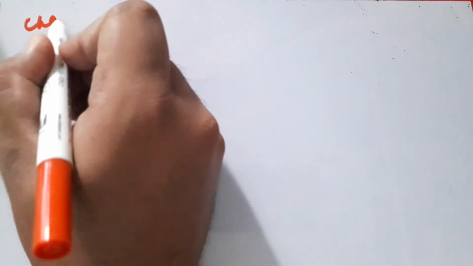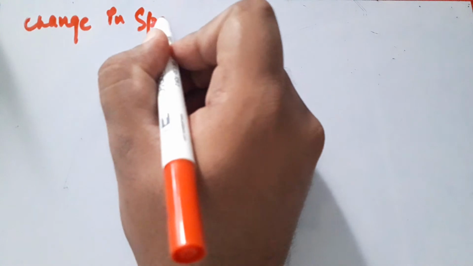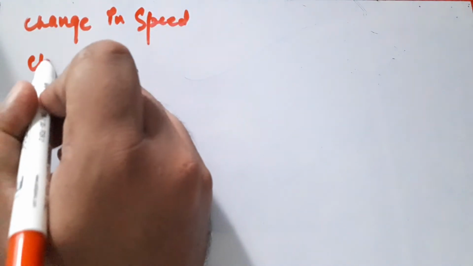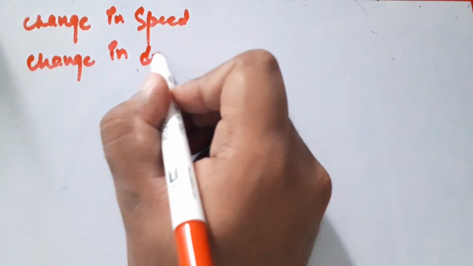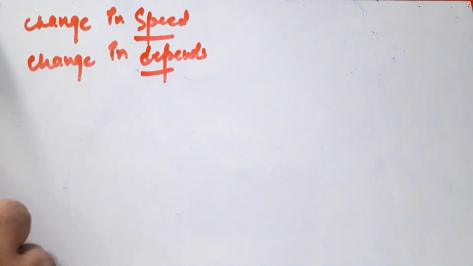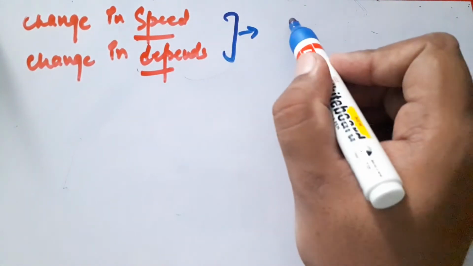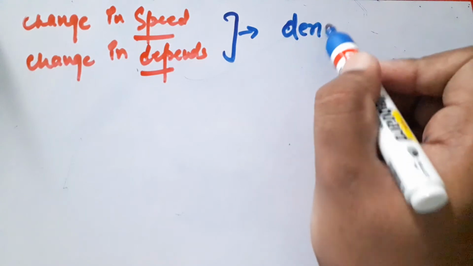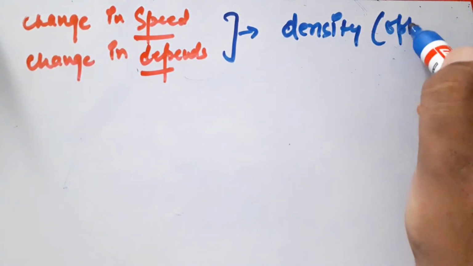Now we shall be discussing on what factors these two things, that is change in speed and change in angle, depend. Right, we'll discuss these two things. Actually, these two things can be understood by a thing called density, or better, optical density.